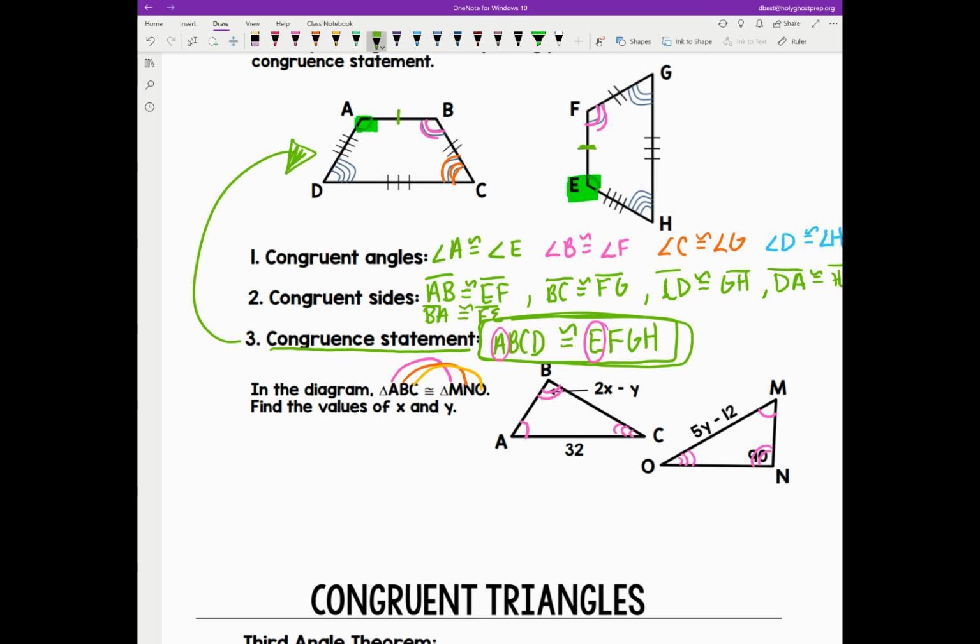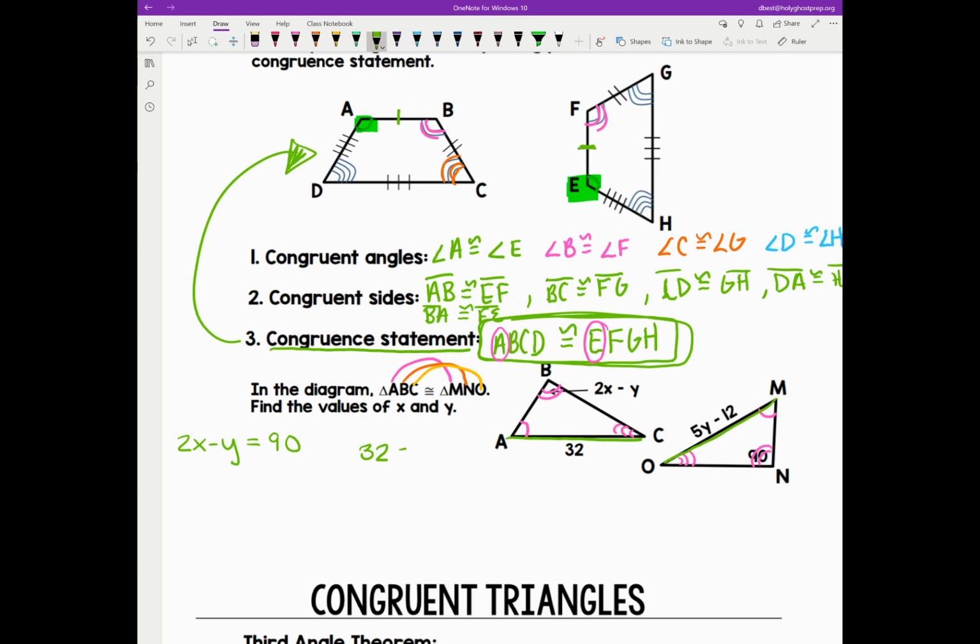So take a minute and try to solve. We're solving for the values of x and y, and there are a couple of equations we could set up. I know that 2x minus y, angle B, is equal to 90 because those are corresponding and congruent angles. I also know that because 5y minus 12 is between M and O, that corresponds with the 32.